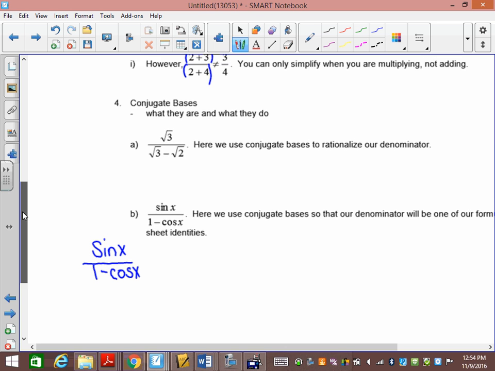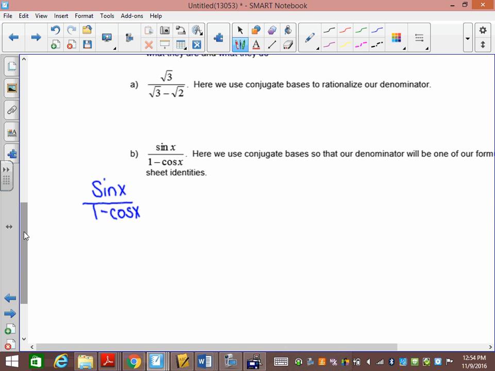So whenever you see a 1 minus cos x or a 1 minus sine x, and you're stuck and have no idea where you could go next, you can multiply by their conjugates and get a Pythagorean theorem identity, which will make sense in a second.